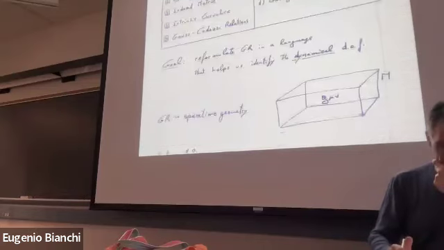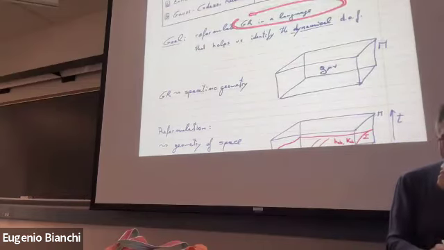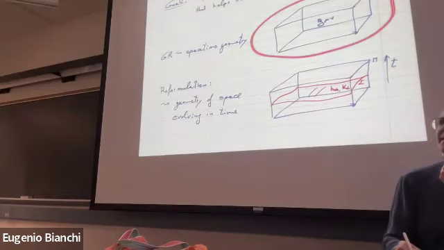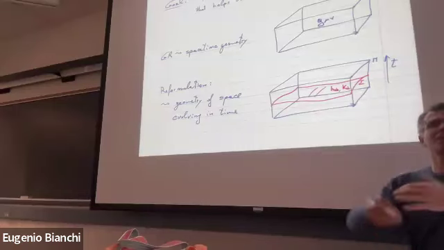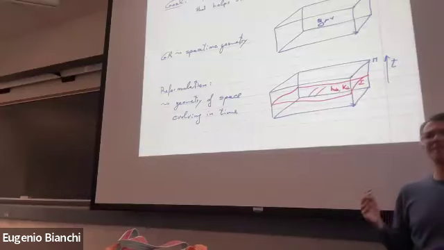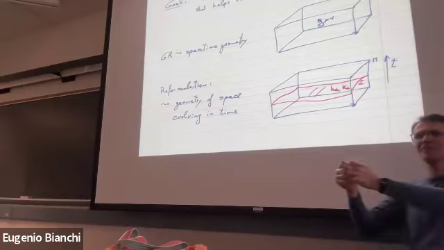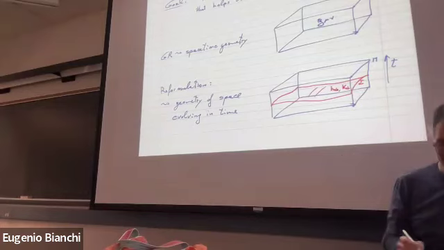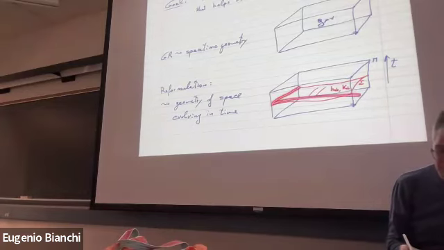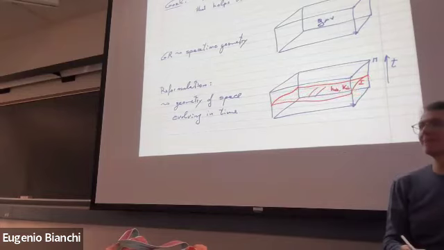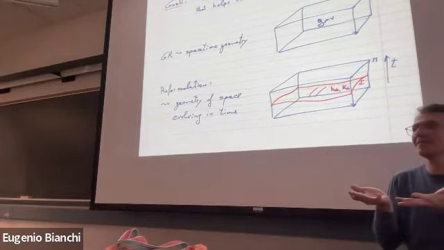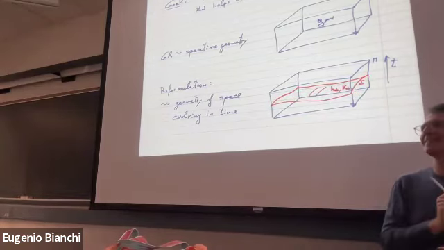Okay. So the goal is to reformulate general relativity in this language of dynamical degrees of freedom. That is, instead of looking at space-time all at once, you go back and you do physics as you have learned it for everything else. You set initial conditions, and then you ask how things evolve in time. You set initial conditions, that is, you say what is geometry at one given time, and then you ask, if I know the geometry at this time, if I know Q and P, position and velocity, what's going to happen later?